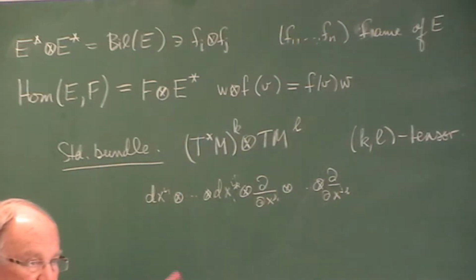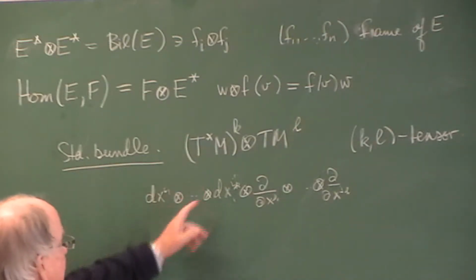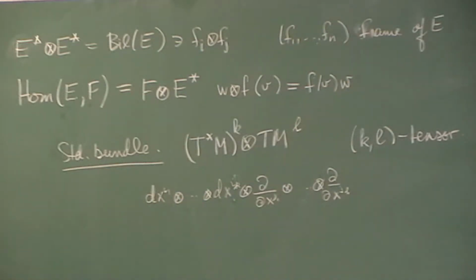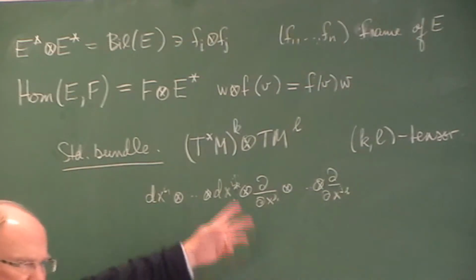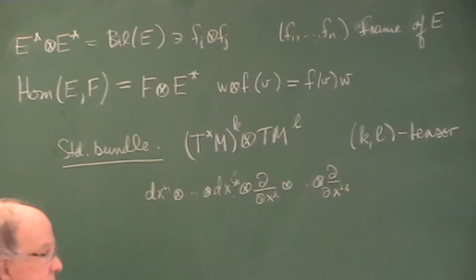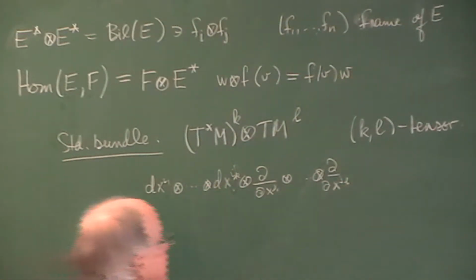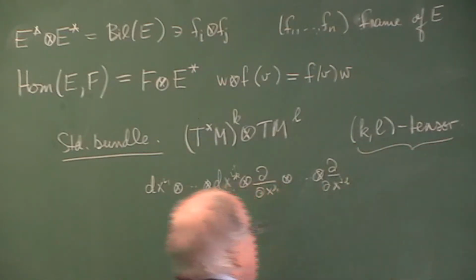You understand? We take a basis, we take coordinates. And then we have the associated frames to these coordinates of the tangent bundle and cotangent bundle, and then we take these associated frames. That's huge in general. Okay? That's called a KL tensor. Okay.